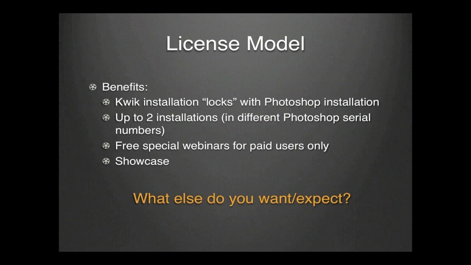You don't need to provide me anything. Everything happens on your own machine, but I'm just being very honest with you. It locks to your Photoshop. So if you have one Photoshop on your Mac and another one on your PC, you're going to need two different activation keys. Otherwise, they are not going to work because the serial number is probably different.